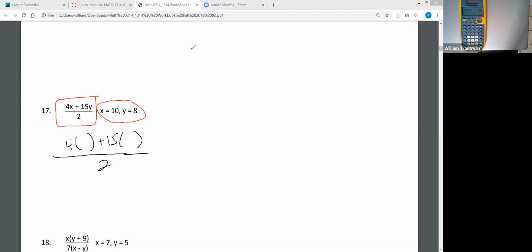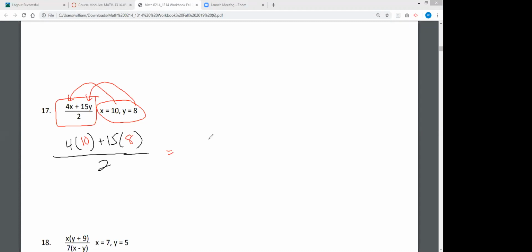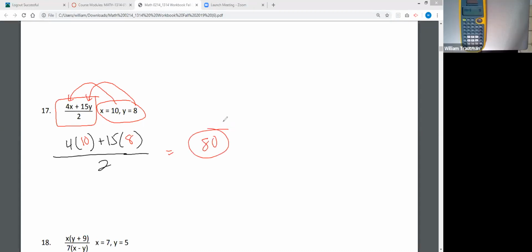And we are going to plug 10 into the x and 8 into the y, and plug it into our calculator. Somebody tell me what it equals. I know it's an even number, a whole number. 80. 80, thank you. And it turns out to be 80.